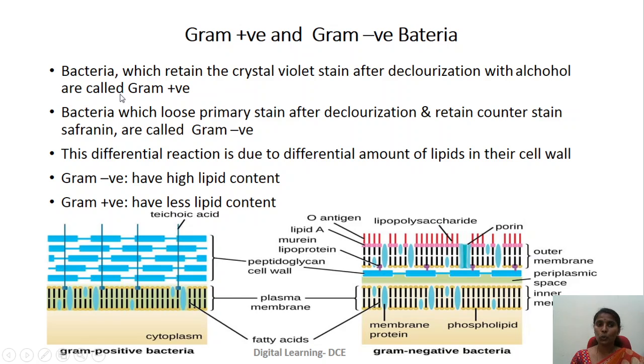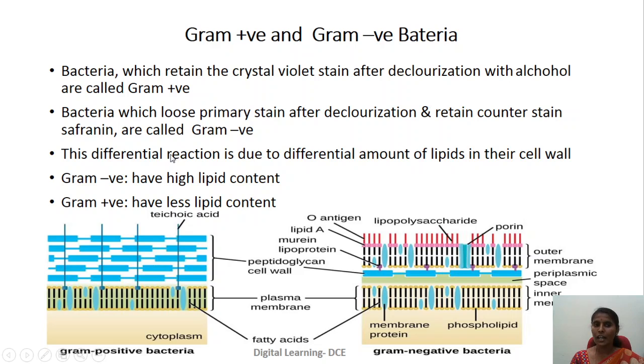As I already told, the bacteria which retain the primary stain, that is crystal violet, during the gram staining procedure, even after using the decolorizing agent alcohol, are called gram-positive bacteria.